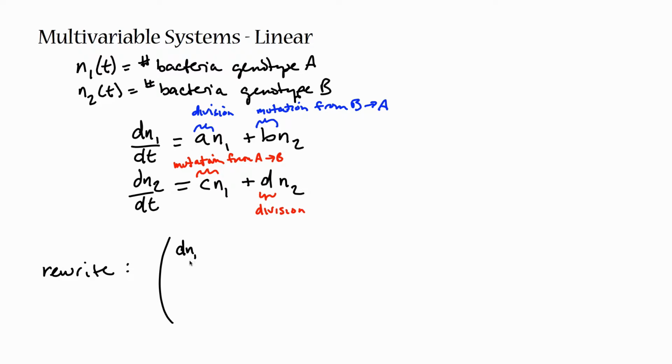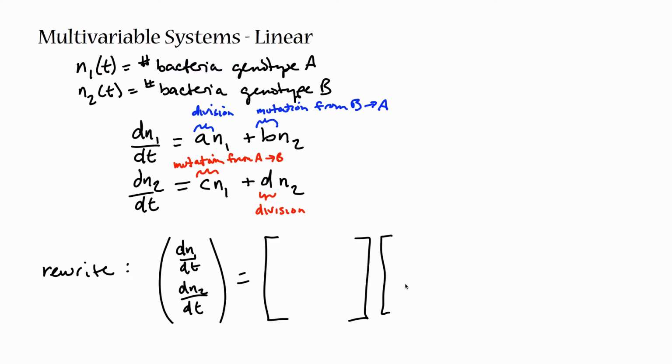Now dN1 by dt and dN2 by dt is a vector, and we can write it as a matrix times another vector, where this vector is going to be just N1 and N2, and in the matrix we have these coefficients, a, b, c, and d. And you can just check for yourself that that multiplication does work.